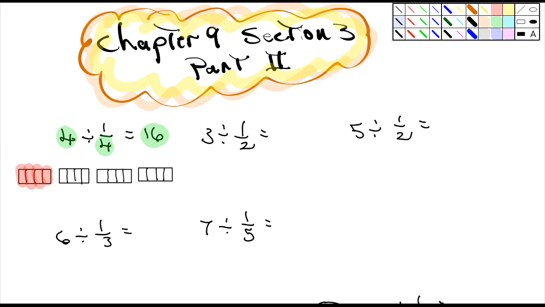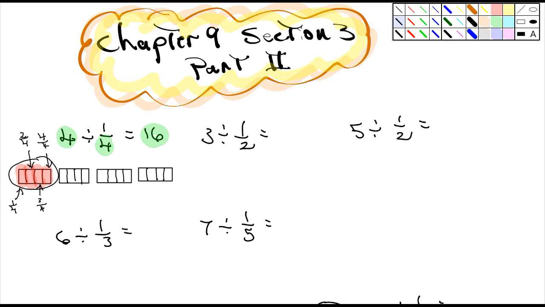So here's 1 part, here's 2, here's 3, here's 4. Another way to look at this would be this first part right here would be 1, that's 1/4. This one right here would be 2 quarters, or you could call it a half. This one right here would be 3 quarters. And this one right here would be 4 quarters. Well, what's 4 over 4? 4 over 4 is 1. It's the same thing. So this is 1.